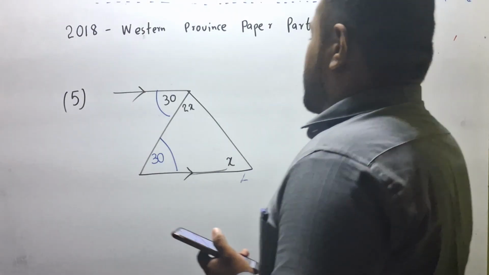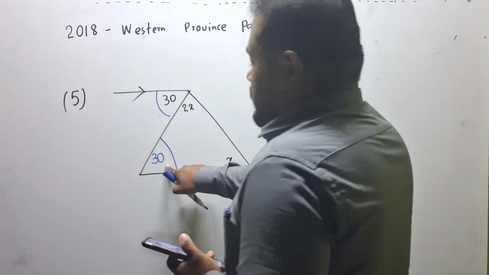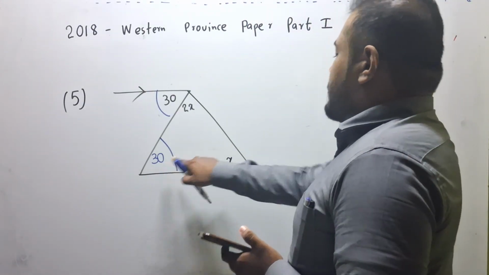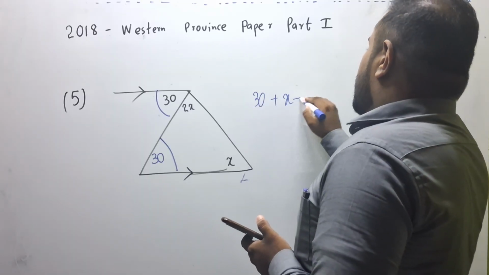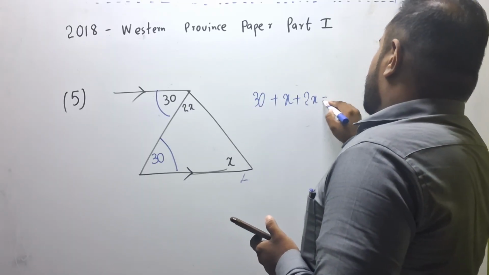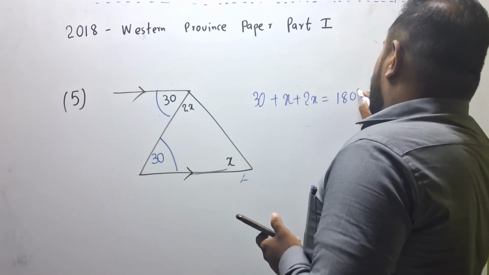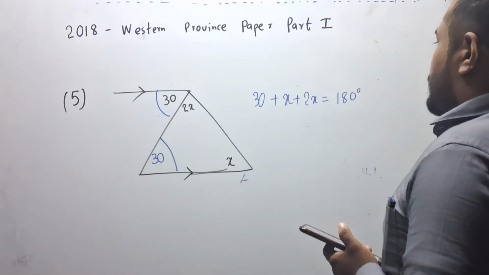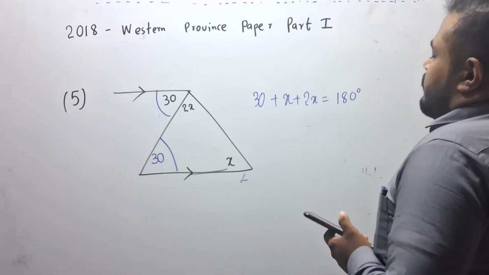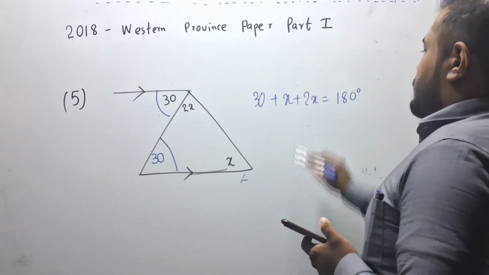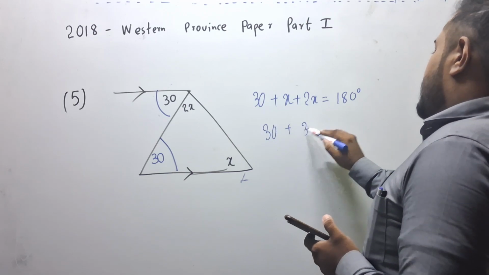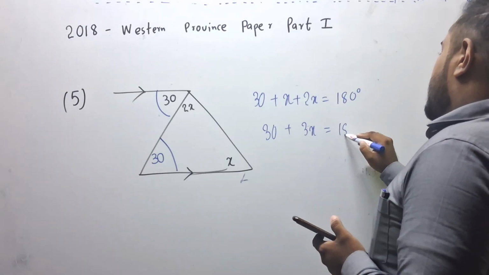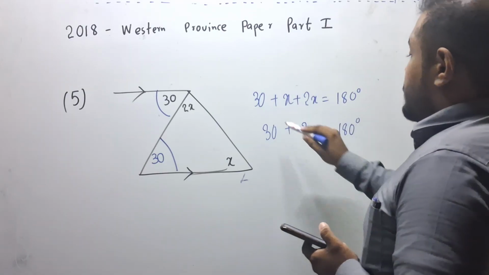Now you can write an algebraic equation. You can write 30 plus x plus 2x equal to 180. Now you can solve this equation and find the value of x. 30 plus x plus 2x, that is 3x, equal to 180 degrees.